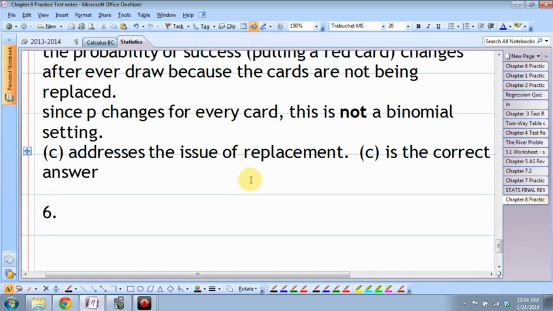Six. In a certain large population, 40% of the households have an average income of over $70,000. A simple random sample is taken of 4 of these households. That's a very small sample size. Let X be the number of households in the sample with an annual income over $70,000. X is a number of households.